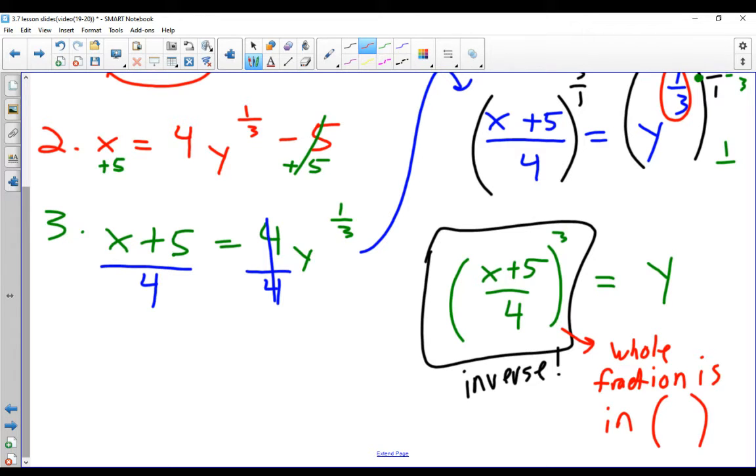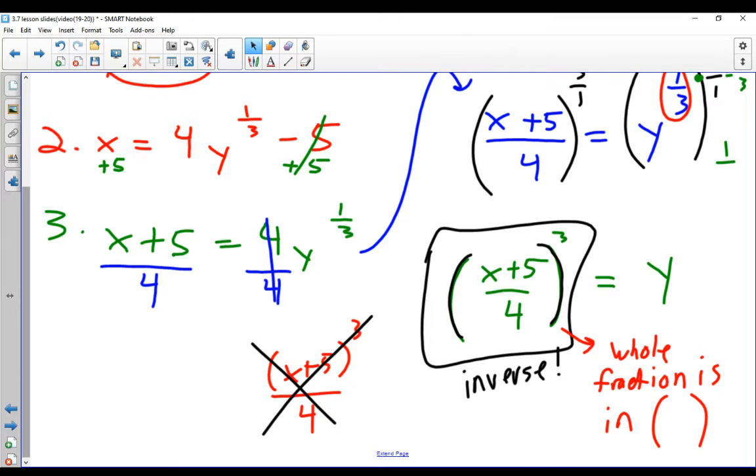Because if you rewrite it where the parentheses is just around the top, in other words, if you type it in like this, the Hawks program will count it wrong. You have to make sure this entire thing is in parentheses, the entire fraction. And that was just for that example. I forgot to mention that before. I'm sorry I didn't say it earlier, but at least I'm saying it now.